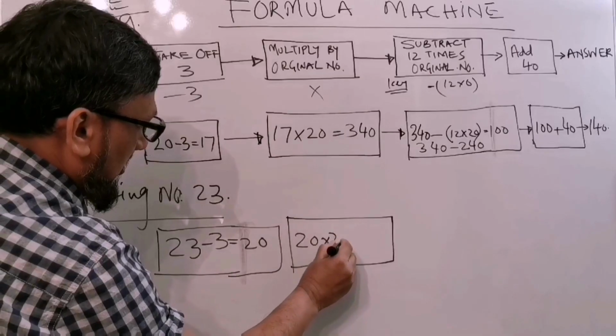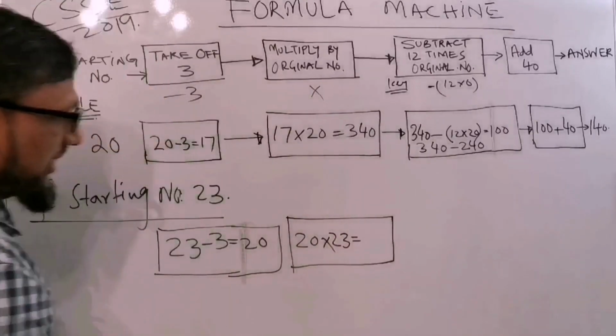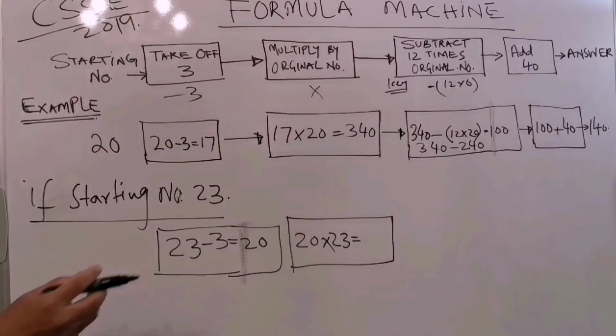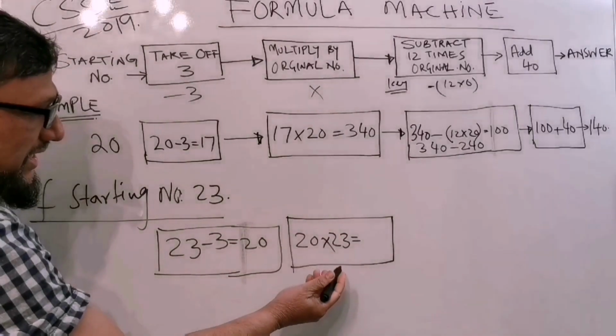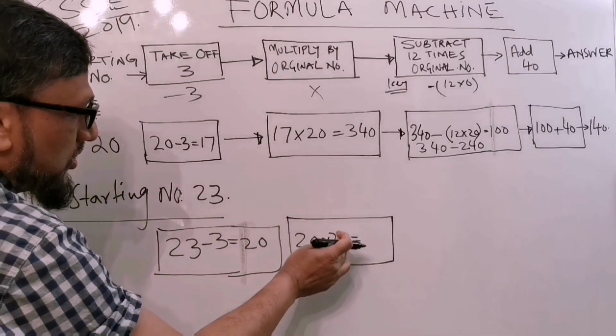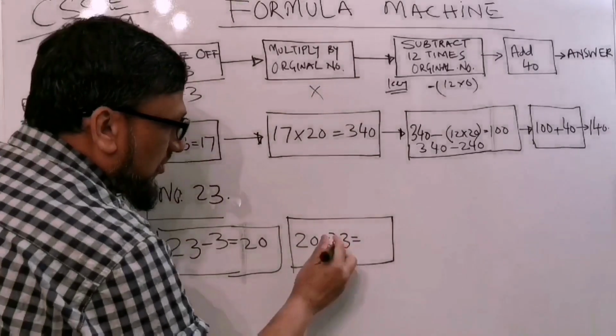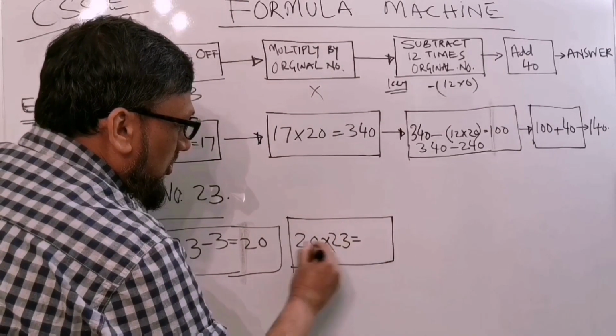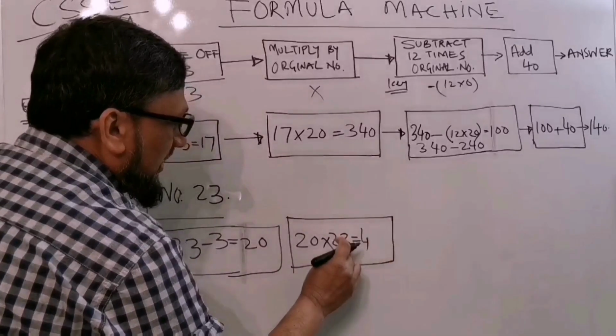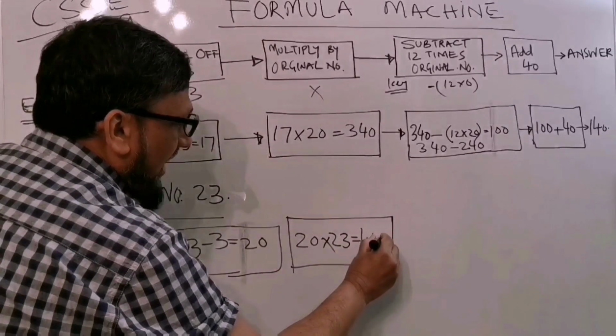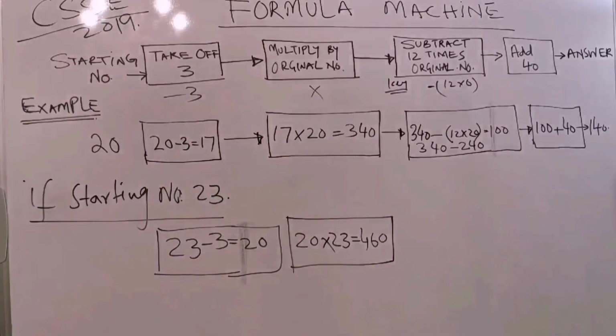So 20 times 23: 23 times 2, you just double the figure, 2 is 4, 3 double is 6, and then 0. So 20 times 23 is 460.